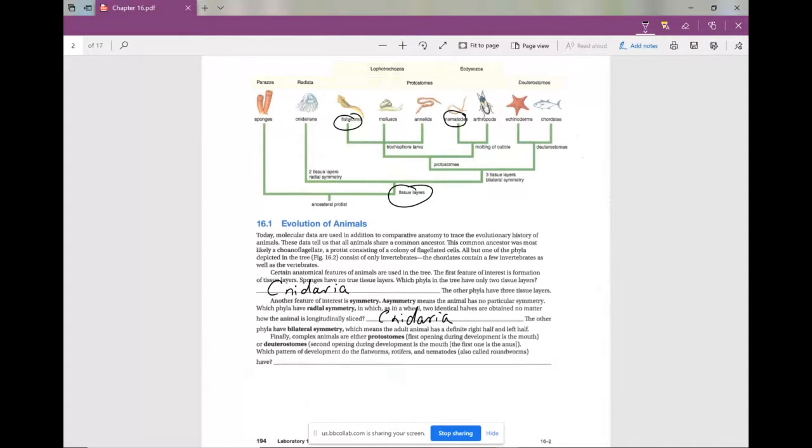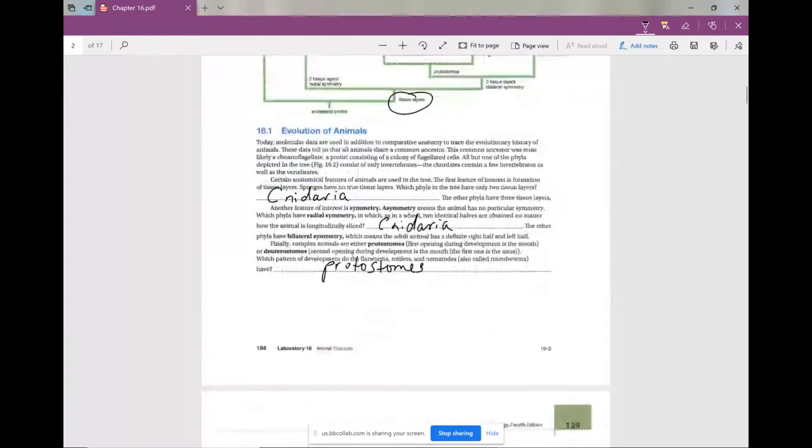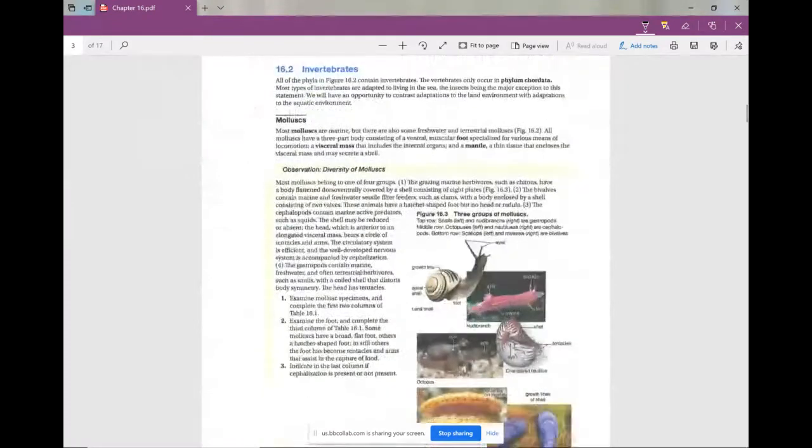And rotifers, which would probably be in this group, in another group right around here. Okay, where would they lie? Well, they happen to be protostomes. Rotifers are very similar to arthropods, but not quite. Okay.